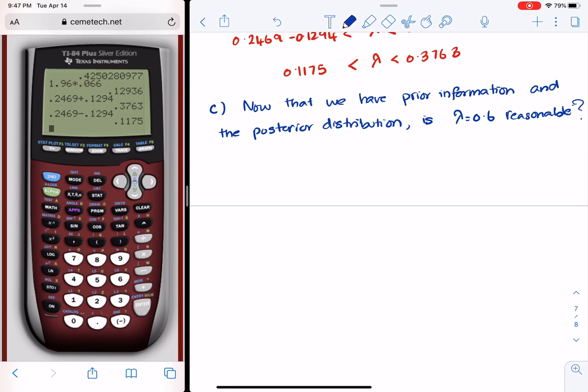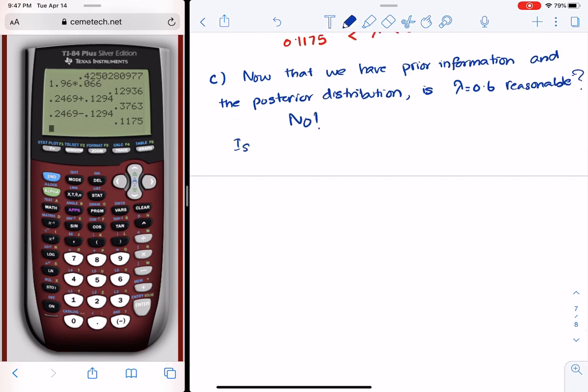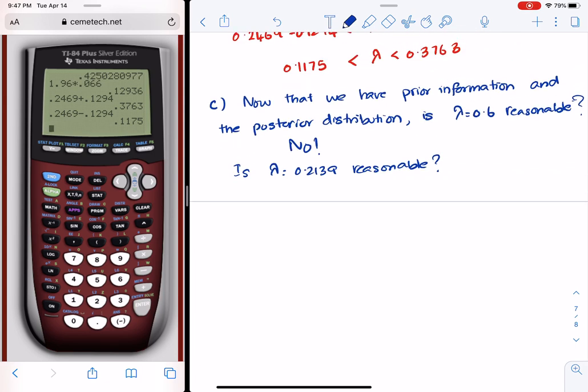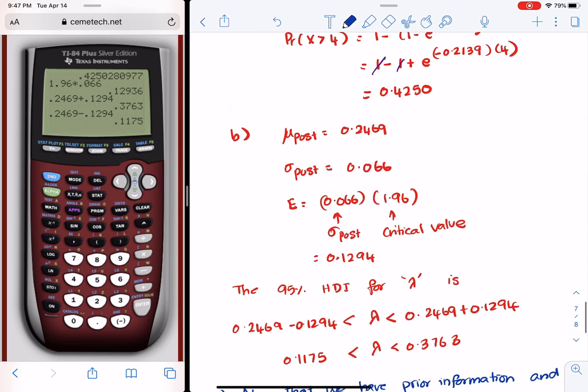Well, obviously, no. Is lambda equals 0.2139 reasonable? The answer would be yes, because 0.2139 is between 0.1175 and 0.3763.